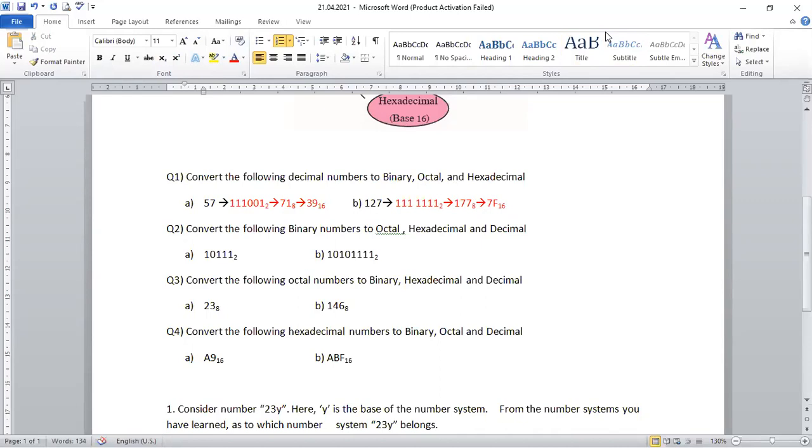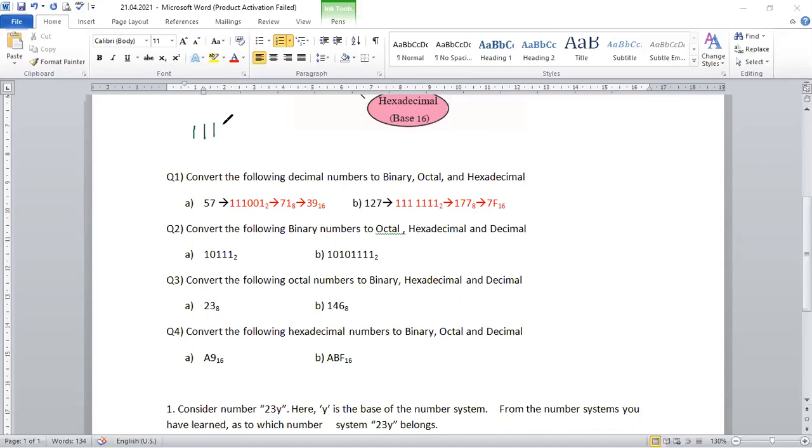Is it correct? Got this answer? Hexadecimal value, is it correct? So what we will have to do?